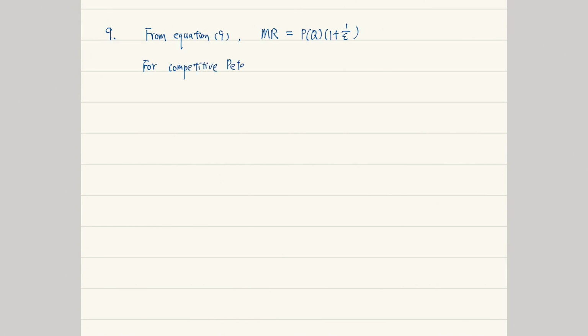When it's competitive, we know that the marginal revenue is equal to the market price. Therefore, it must be the case that for a competitive firm, the price elasticity of demand epsilon approaches negative infinity.